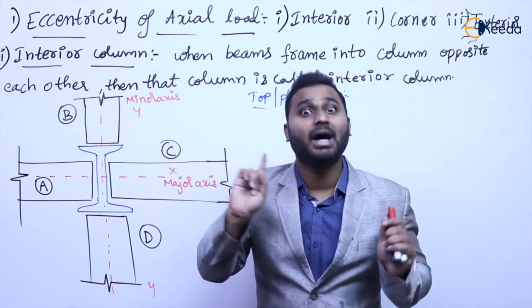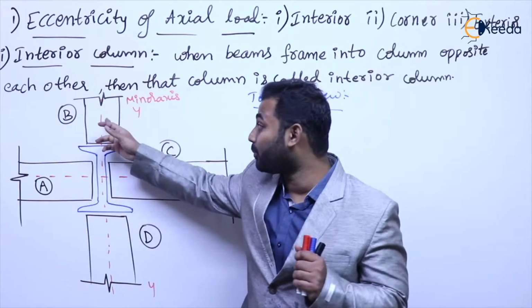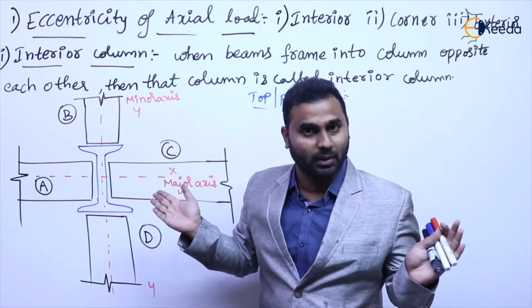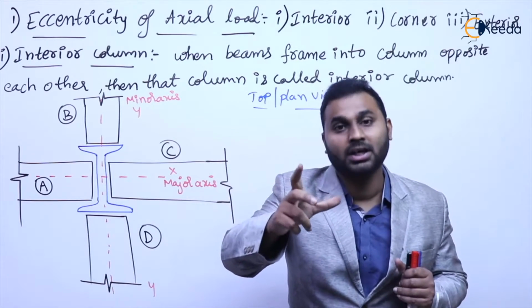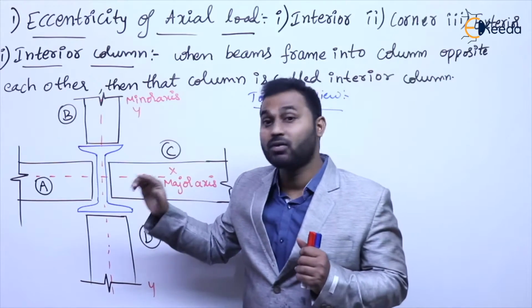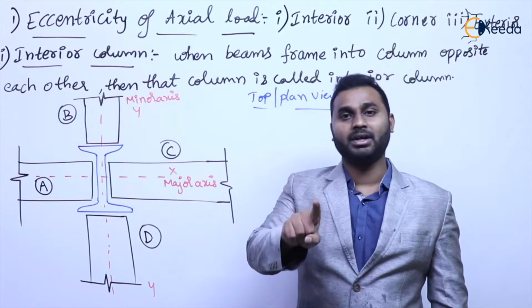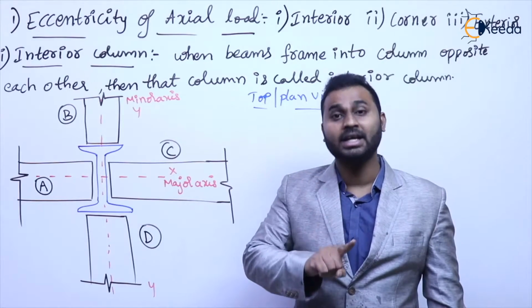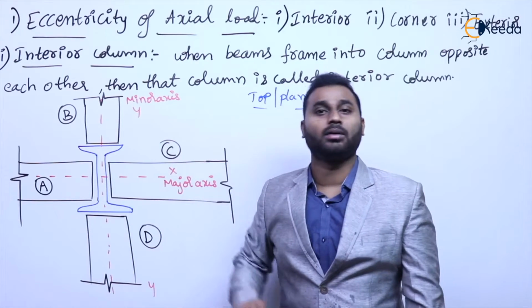But if the reaction transferred by the opposite beams is not equal, then the difference of those reactions will develop some bending moment onto this column. So that moment we need to take into the design when we are designing this interior column. Is that okay?